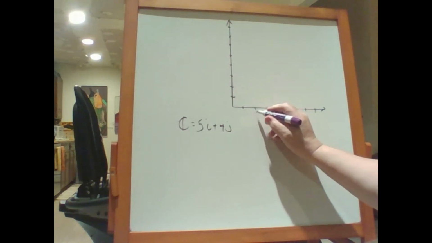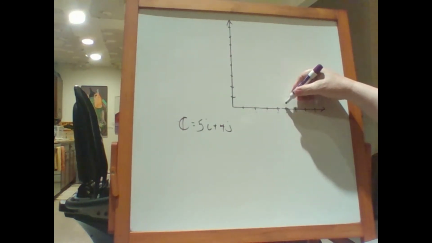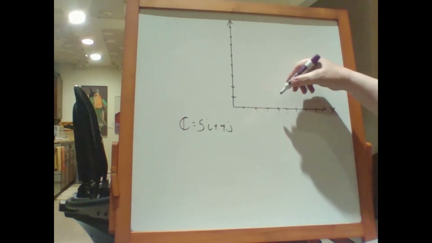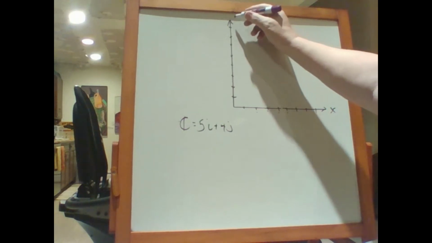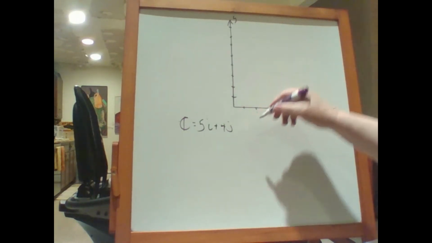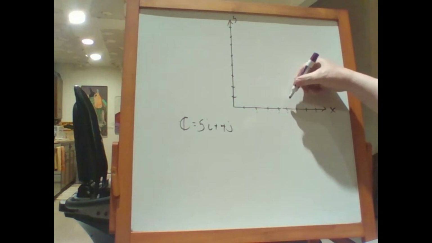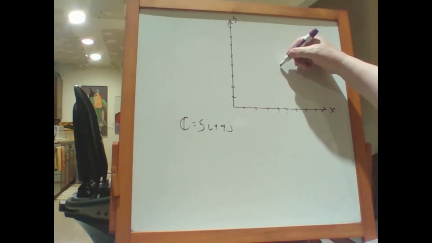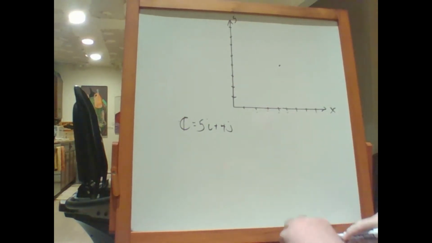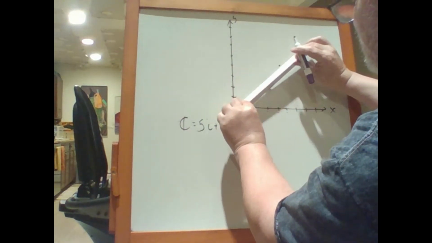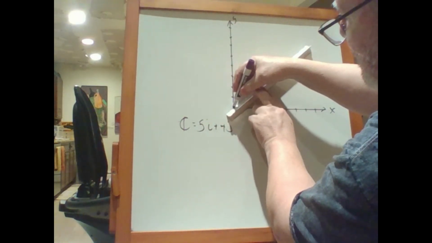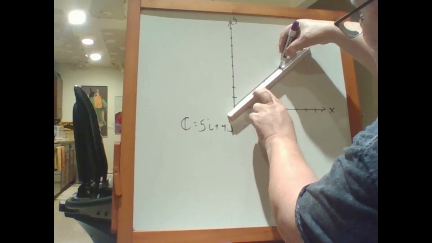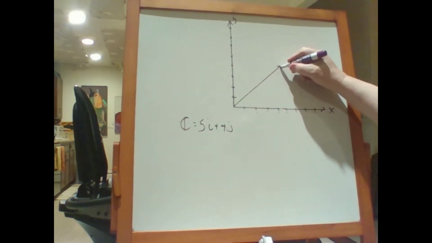And we got 1, 2, 3, 4, 5 in the x direction. i represents x, j represents the y direction. And we got 4, so it's somewhere up here. Our vector C is represented here by this line. That's C.